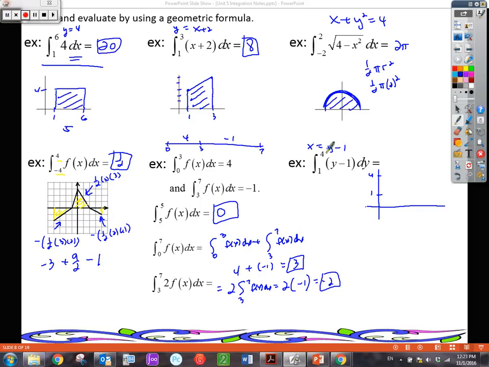So when y is 1, x is 0. So we're right there. Okay? Since we know it's a line, I can go straight to when y is 4. When y is 4, 4 minus 1 is 3. So we're here, and this is my line.